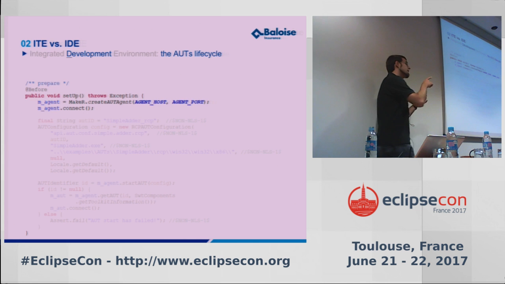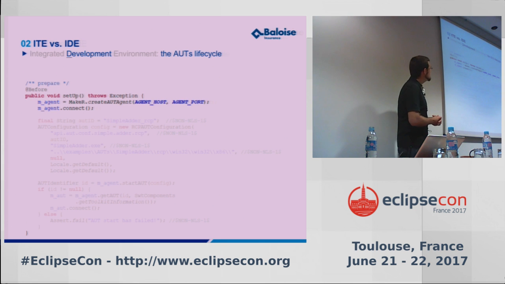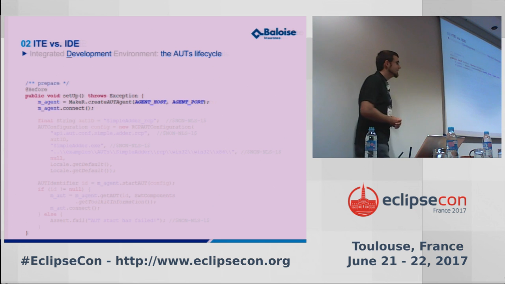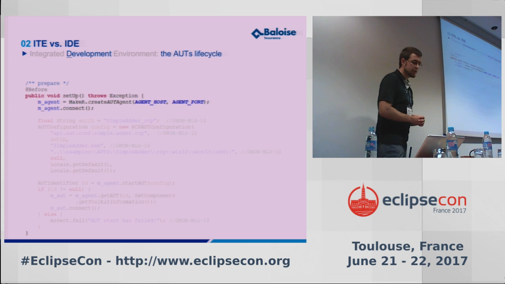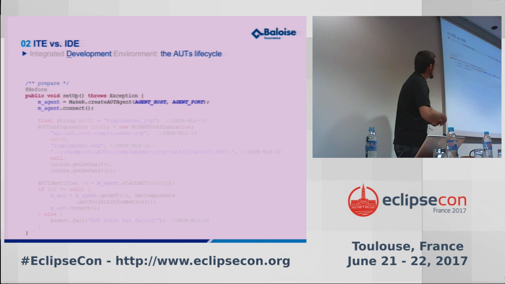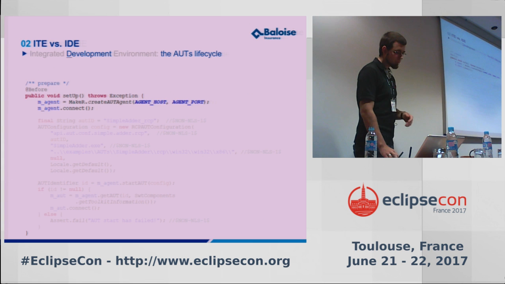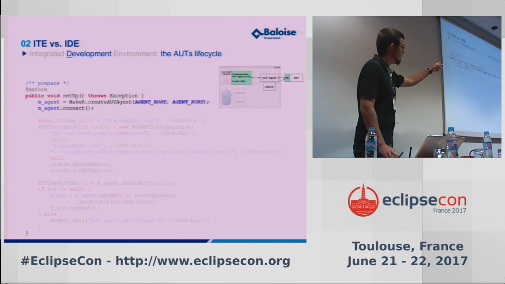Now this is a switch to the IDE or API usage. The first thing that you have to do when you use the API is create a connection to the locally or remotely running AUT agent and connect to that. That might run anywhere in the network. Remember the chart.